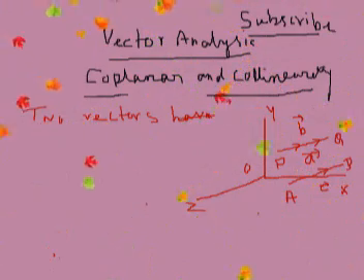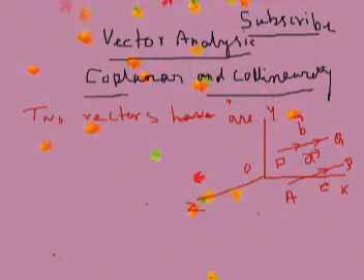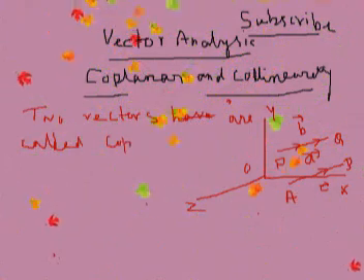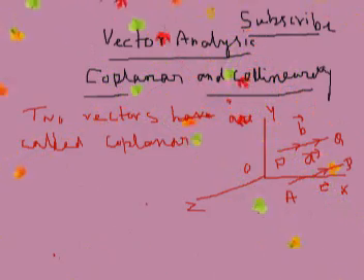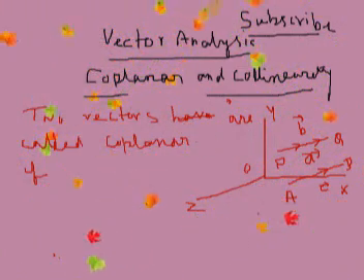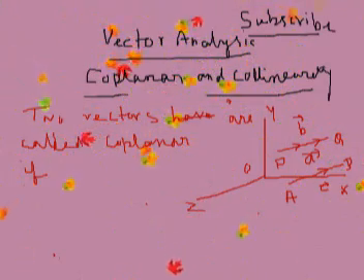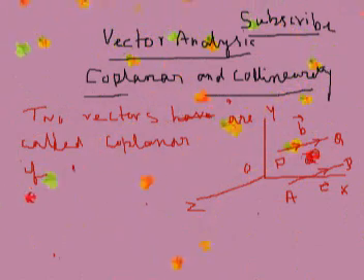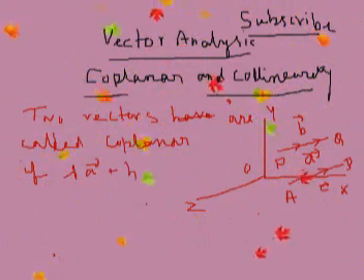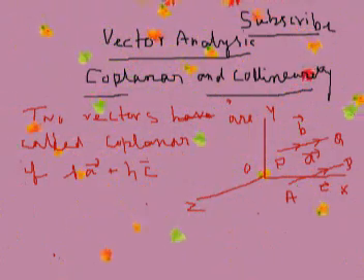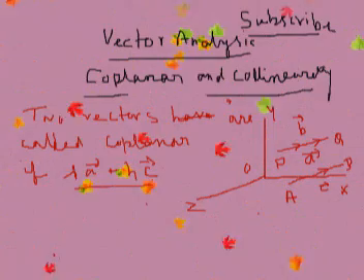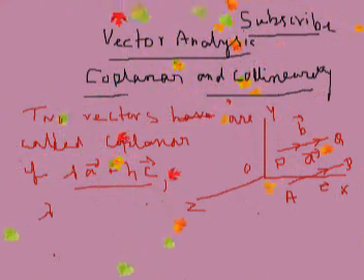Vectors are called coplanar if they can be represented in this way. Any two vectors we are taking, like vector A and vector C, we can find two scalars such that lambda times vector A plus eta times vector C represents the vector. If a vector can be represented by two scalars in this way, then they are said to be coplanar. Here lambda and eta are scalars.